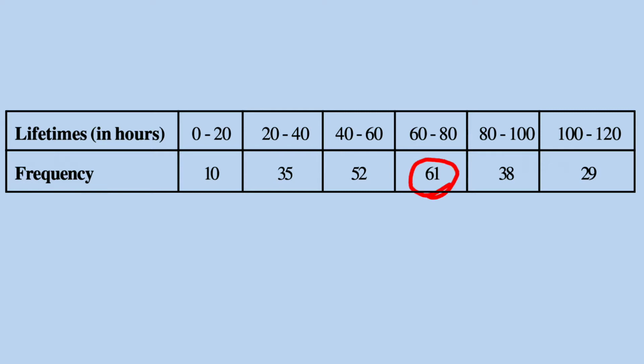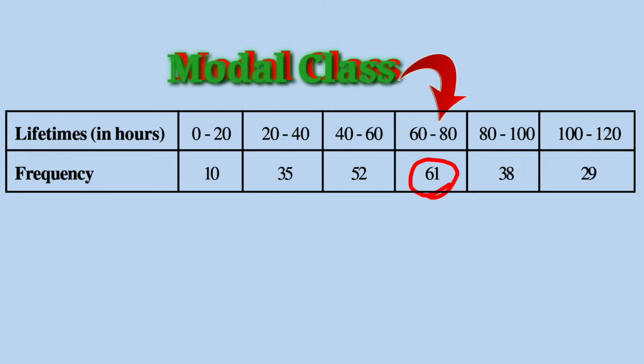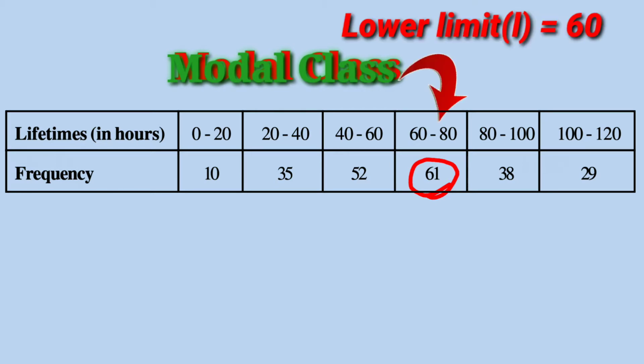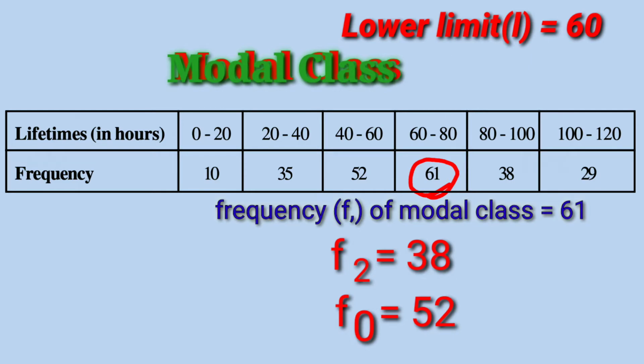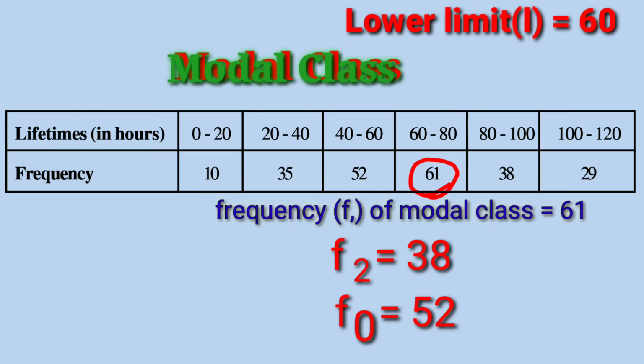So this will be our modal class. So the lower limit is 60. The frequency of the modal class is 61. This is our f1. The frequency preceding the modal class is 52. Succeeding the modal class, our f2, is 38.